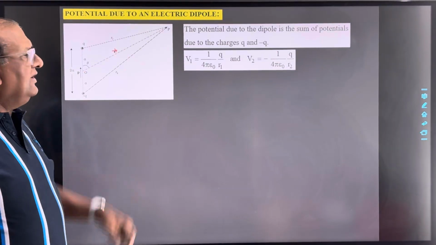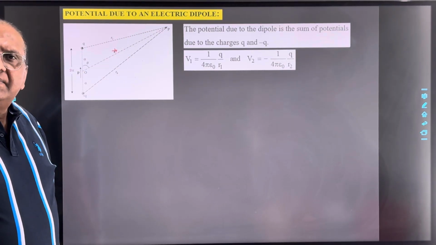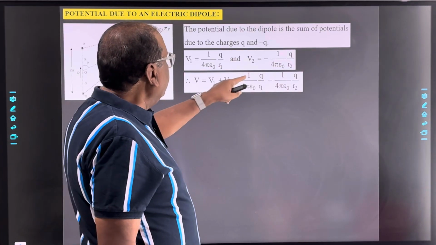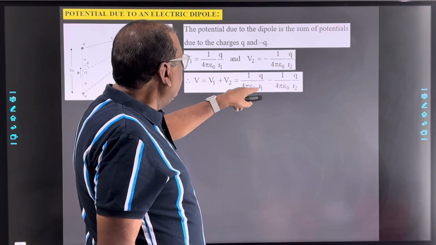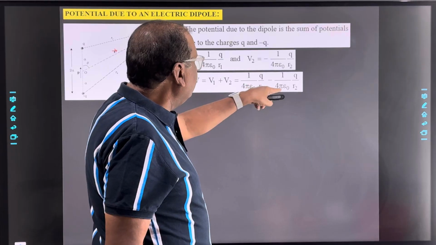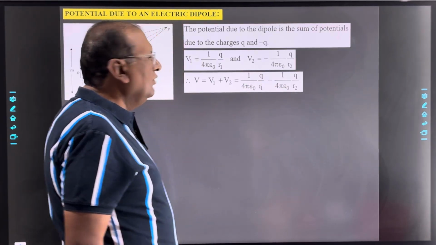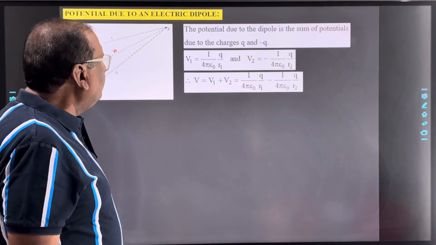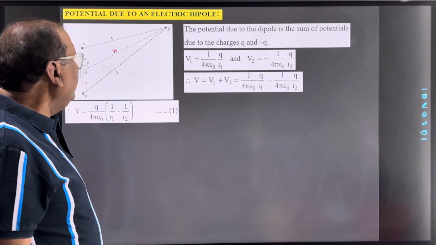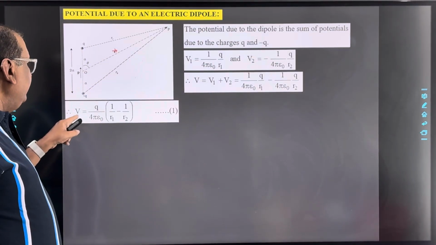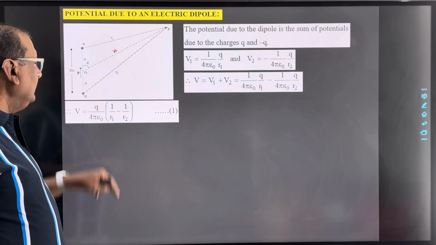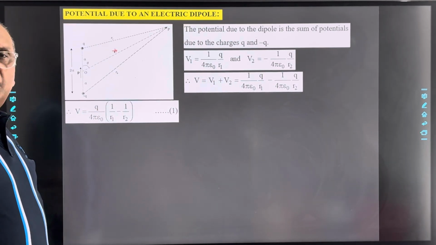So the resultant potential at P is V1 plus V2. We can write 1 upon 4 pi epsilon 0 q upon R1 minus 1 upon 4 pi epsilon 0 q upon R2. Now if we take q upon 4 pi epsilon 0 common, we can write V as q upon 4 pi epsilon 0 into 1 upon R1 minus 1 upon R2.